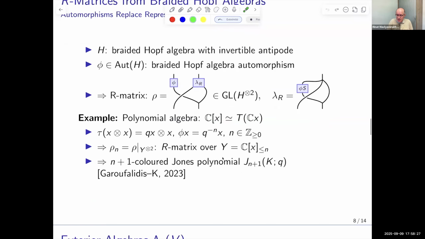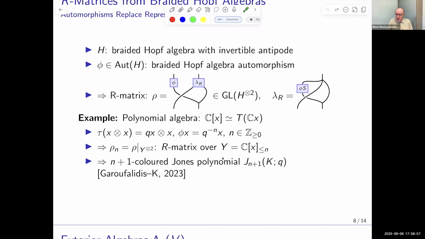So here is the example. We pick just a polynomial algebra, which is the tensor algebra of a one-dimensional vector space. But remember, on the previous slide, we started with a vector space with the R-matrix. And what is the most non-trivial R-matrix on a one-dimensional vector space? Of course, it is just a multiplication by a scalar q.